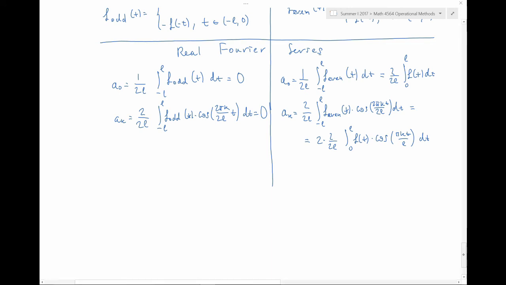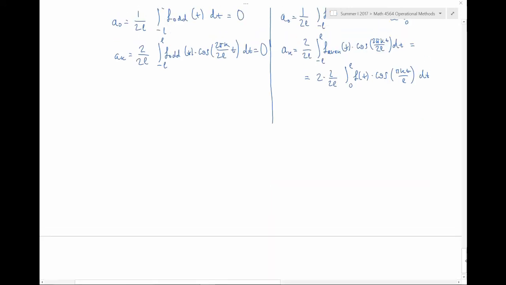Now let's compute the coefficients b_k. So I get 2 over 2L, the integral from minus L to L of the odd function of t times sine 2 pi k t over 2L dt. The odd function times an odd function, because sine is an odd function, makes it an even product.